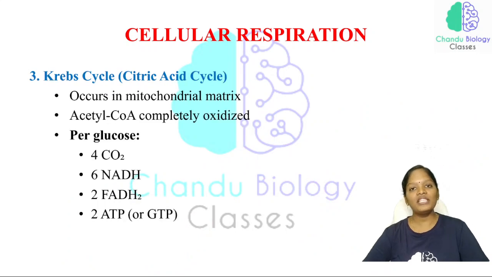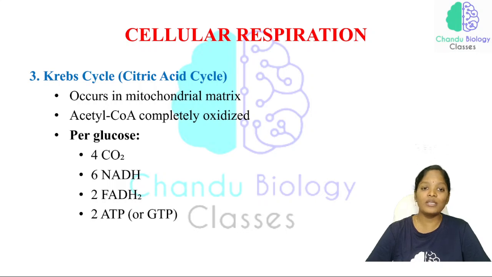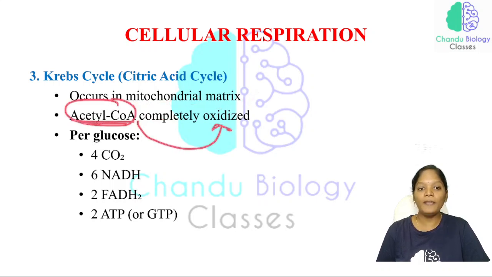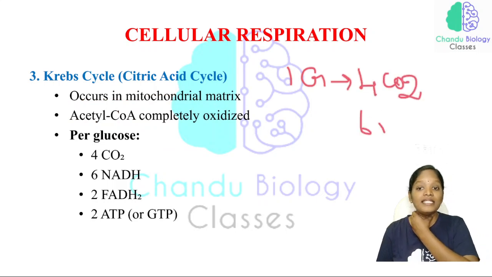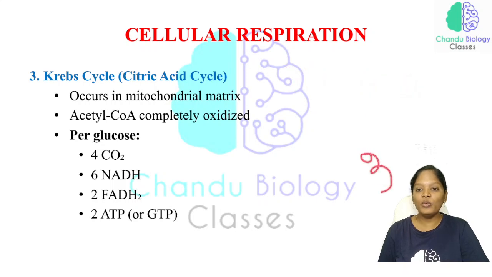Now the third important cycle is the Krebs cycle. It is also called the citric acid cycle, or tricarboxylic acid cycle, that is, the TCA cycle. As we have studied before, this takes place in the mitochondrial matrix, and the acetyl-CoA is completely oxidized. For 1 glucose, it produces 4 carbon dioxide, 6 NADH, 2 FADH2 and 2 GTP.